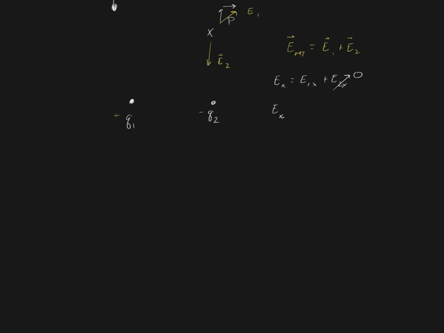So EX is just going to be equal to, now this is a point charge, and so we have Coulomb's law, that's going to be K Q1 over R1 squared, and we're looking for the horizontal component with EX. And that's just going to be based on the geometry of the problem.